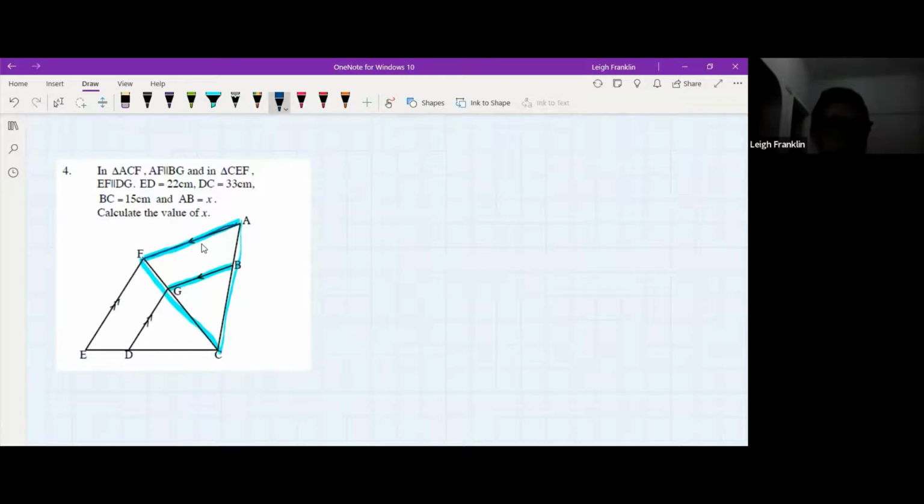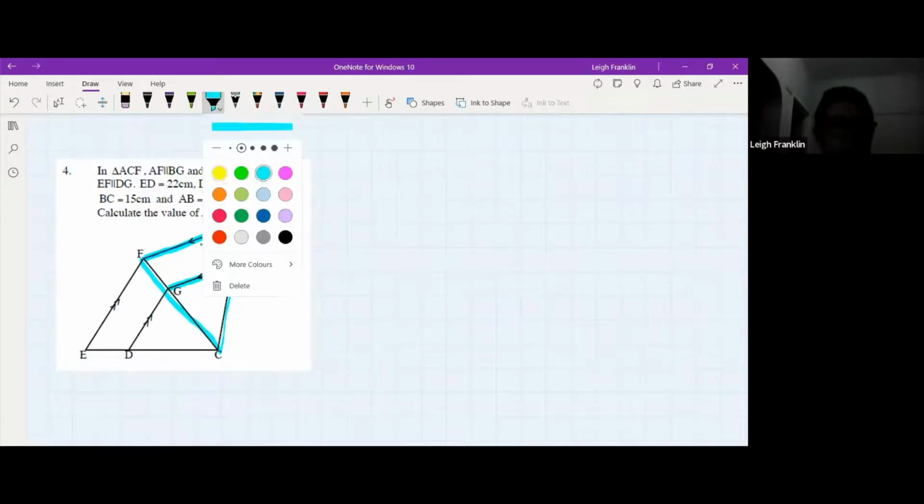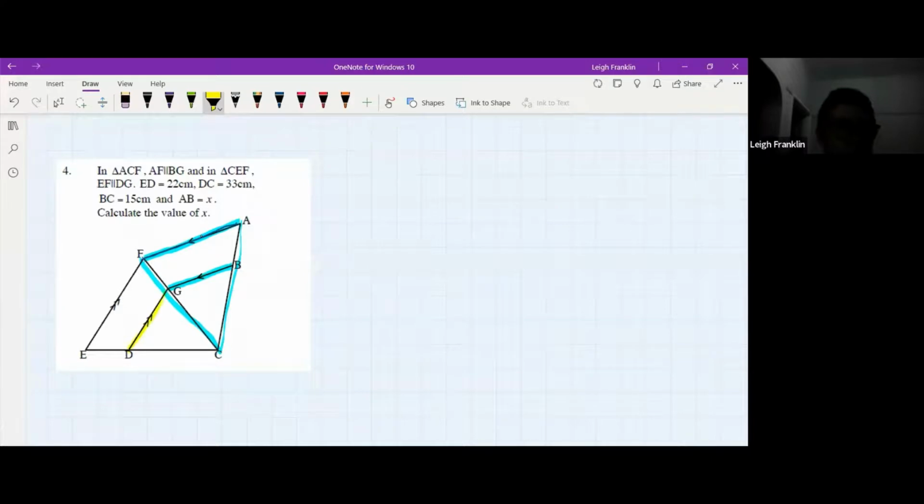And then in triangle CEF, let's highlight that first. We've got DG parallel to EF. So that's this triangle over here.